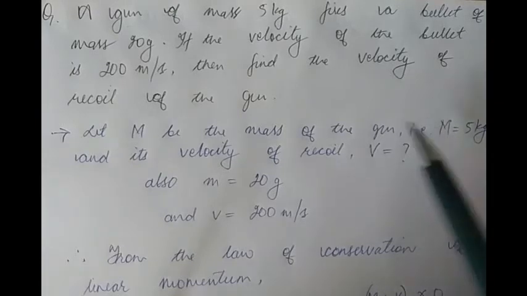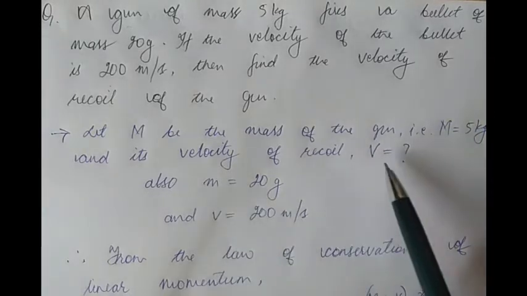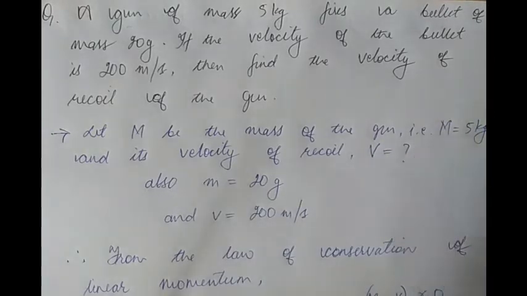So it is that velocity of recoil of the gun that we need to calculate here. So we suppose capital M to be the mass of the gun, and capital M therefore is 5 kg. The velocity of recoil of the gun itself is capital V, which we need to calculate. Small m is the mass of the bullet, which is 20 grams, and small v is its velocity, which is 200 meters per second.